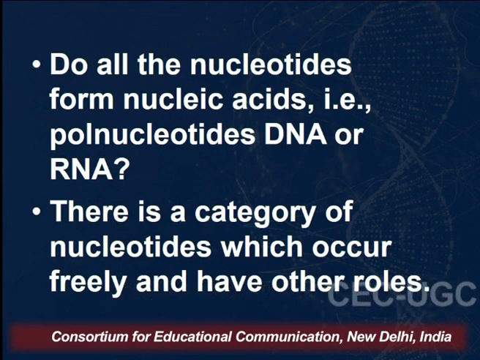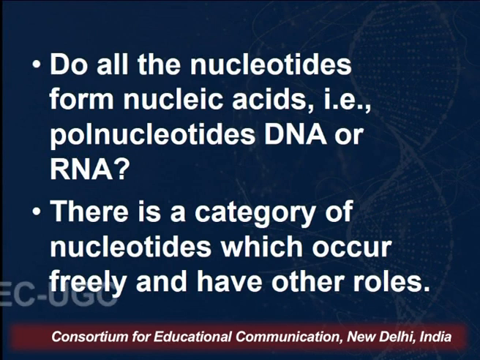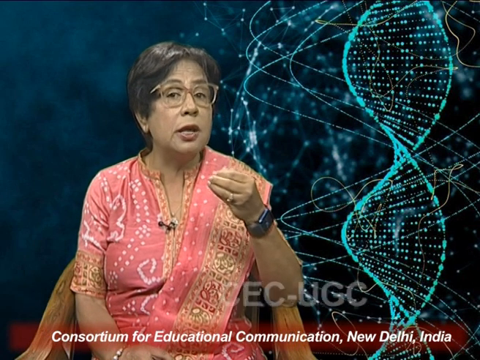But now the question arises: do all nucleotides form nucleic acids, that is polynucleotides, DNA or RNA, or do they exist freely also? You have to remember that there is a category of nucleotides which occur freely and have other very important roles.